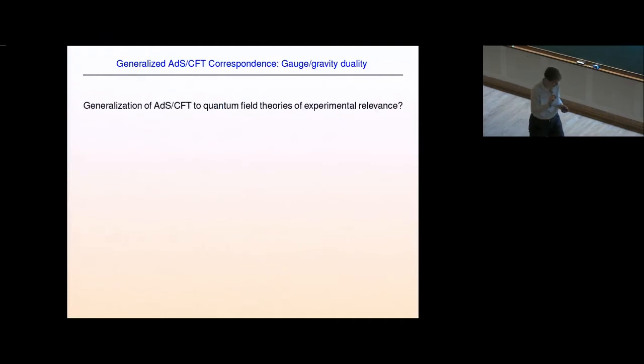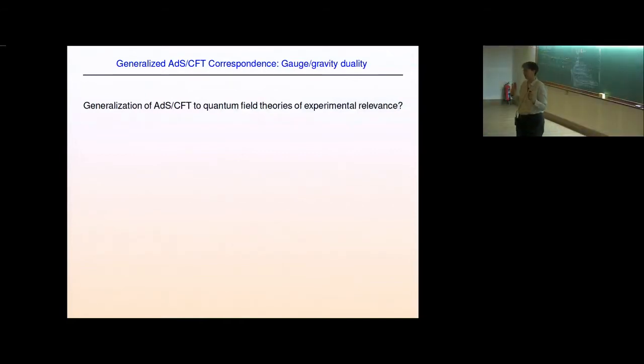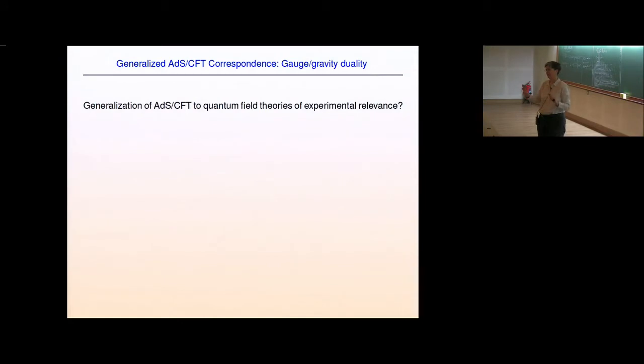Just one side remark. The upshot of these lectures, remember what I said at the very beginning about relating these two challenges of theoretical physics: I want to generalize AdS. AdS/CFT is very beautiful and very symmetric, but it's so symmetric that it's not really describing a particular system in nature.